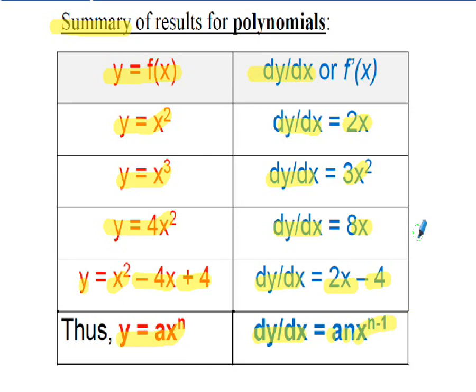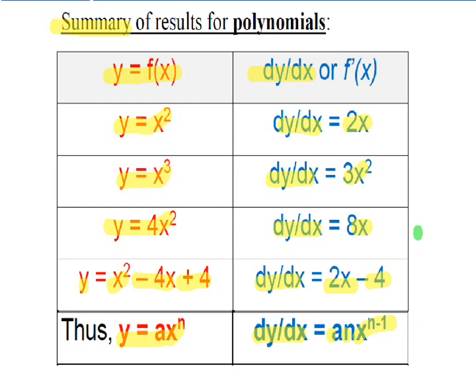If you take just one term, for example the third term down, y equals 4x squared, that's of the form y equals ax to the n, where a is equal to 4 and n is equal to 2. If you follow the pattern through for the dy by dx, you'll get a times n, so 4 times 2 is 8, x to the 2 take away 1 gives you x to the 1, so we get 8x.